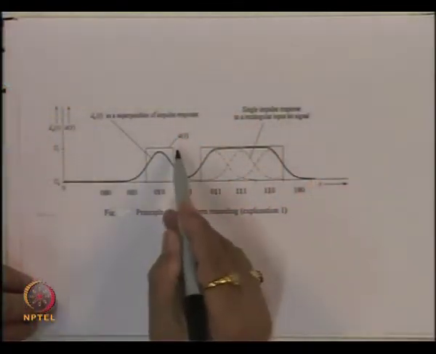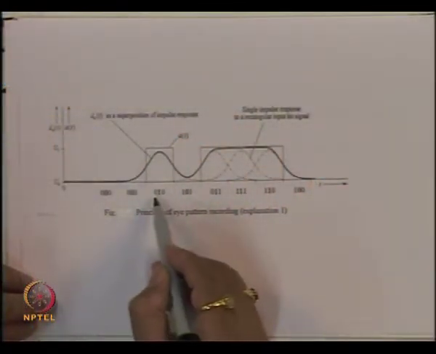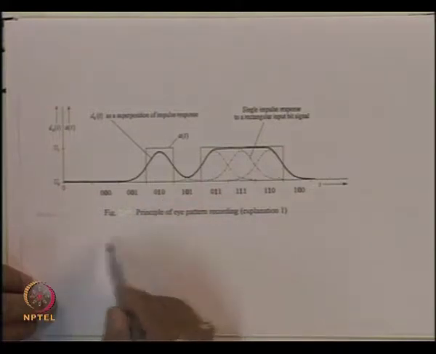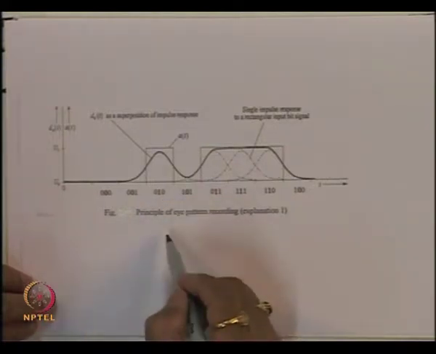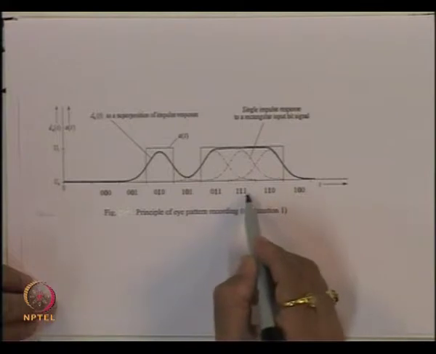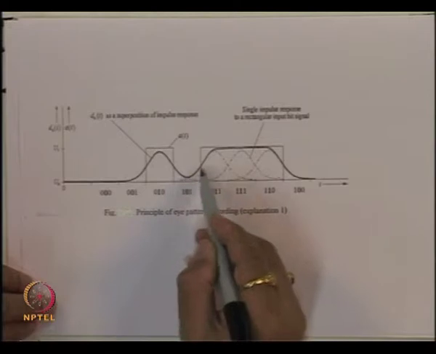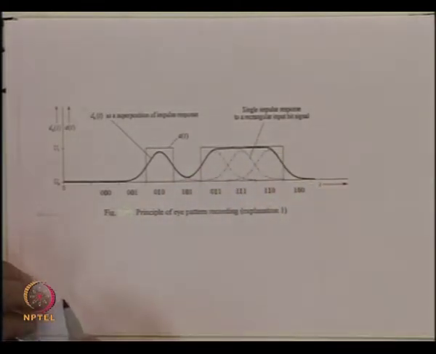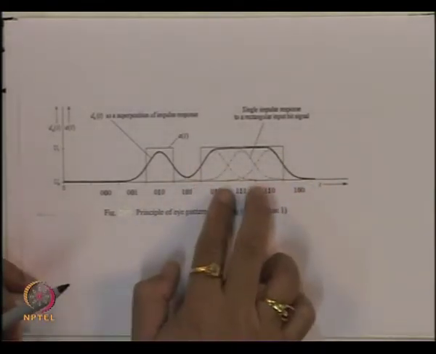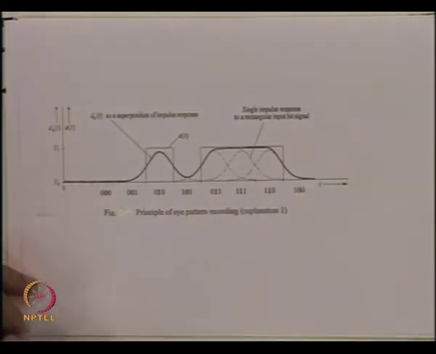So, here this is the bit pattern which is 0 1 0, this is 1 0 1, and this is 0 1 1, this is 1 1 1, this is 1 0 1. So, the actual data which are received will look something like this, and these are the blocks of 3 bit patterns.